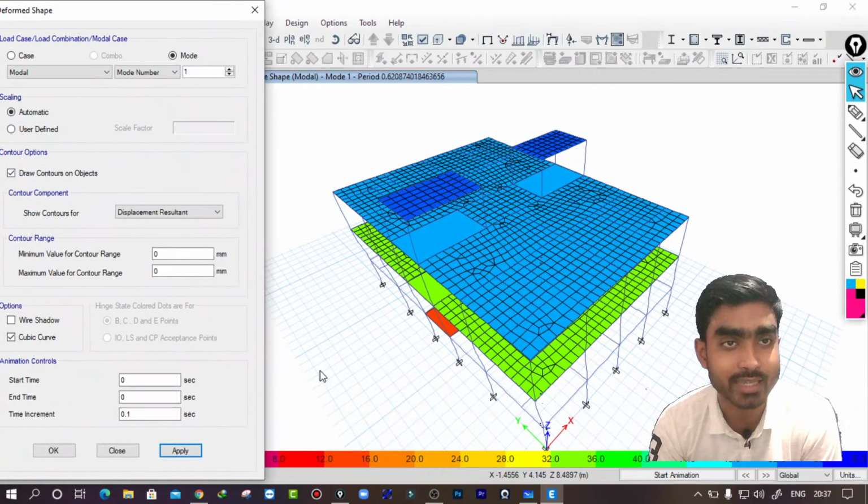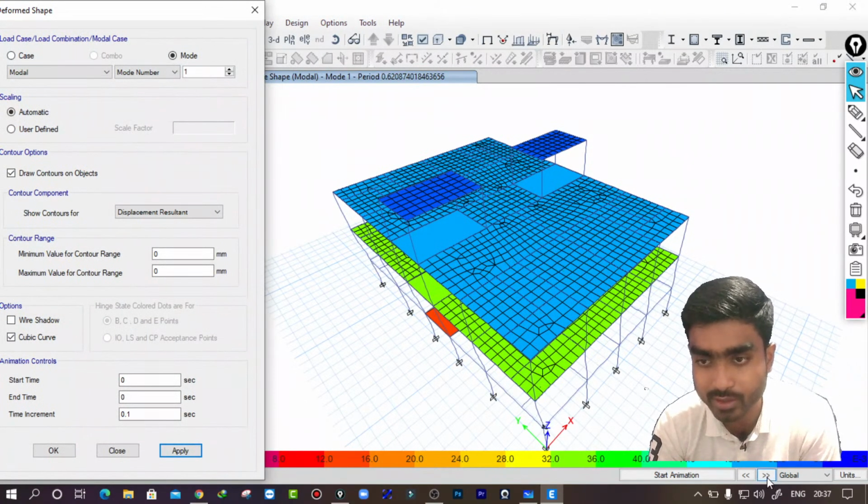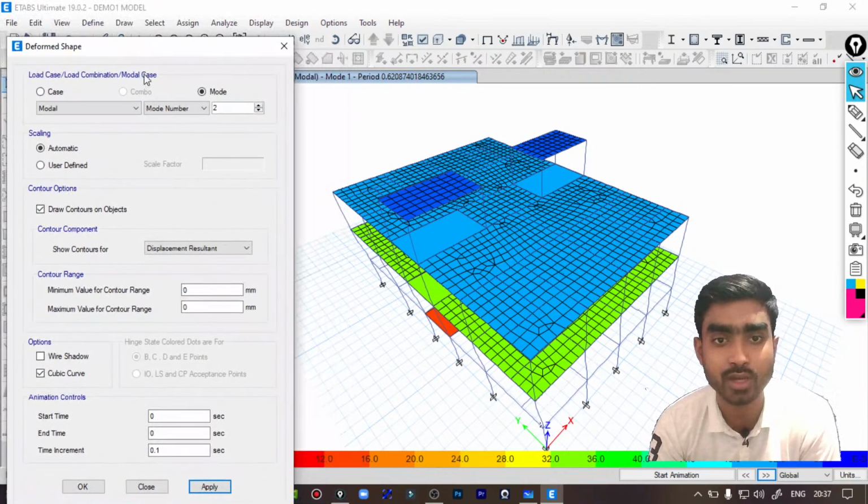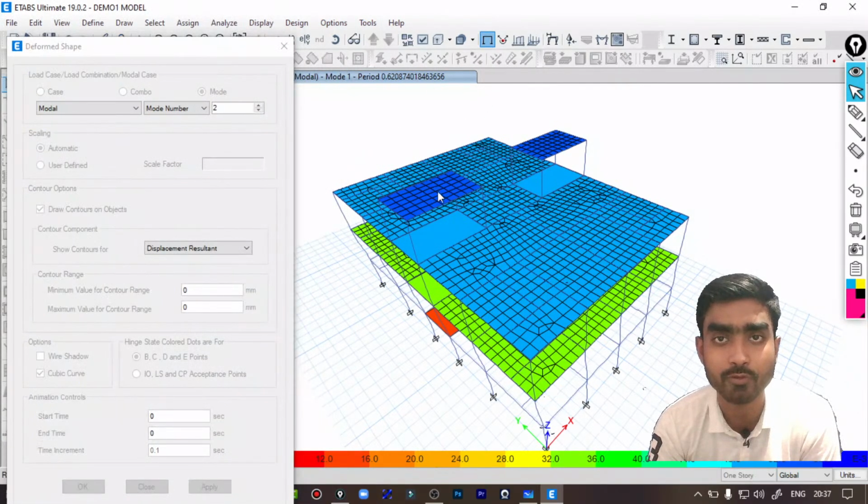If you see the second mode, you can check here also in this arrow, it will show you the second mode. Just wait for it. Apply. There must be a glitch. I think I should uninstall and reinstall the software.